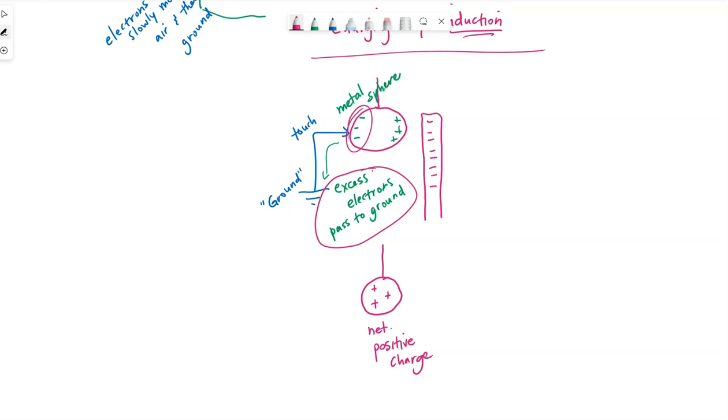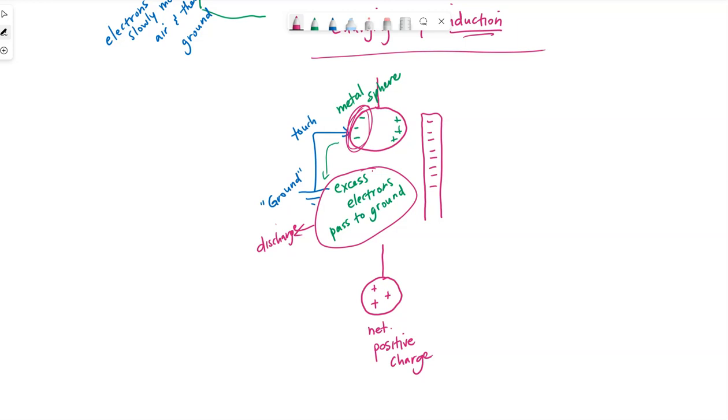Excess electrons passing to ground is called discharging. I'm allowing these electrons to be removed. They leave that sphere. Now, not all of them. Please understand that. It's just these excess ones on the left, or what appears to be excess because of that polarization, that transfer to the ground.